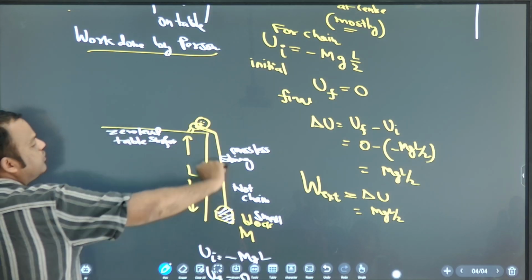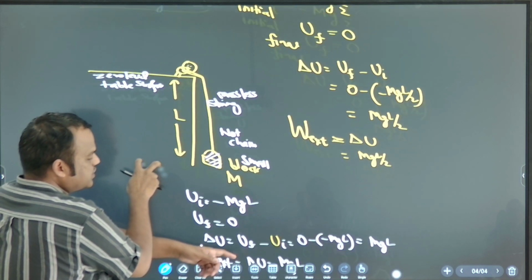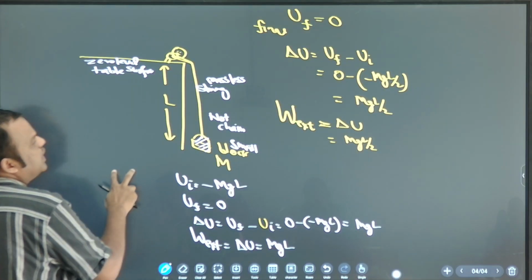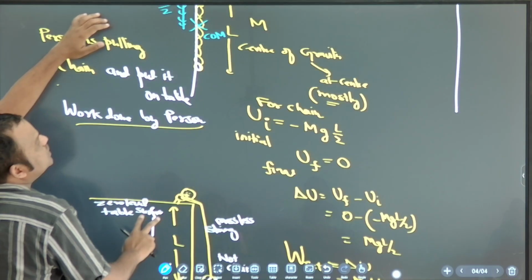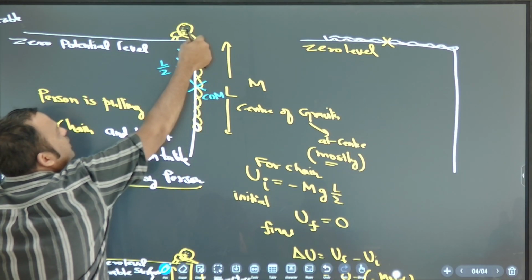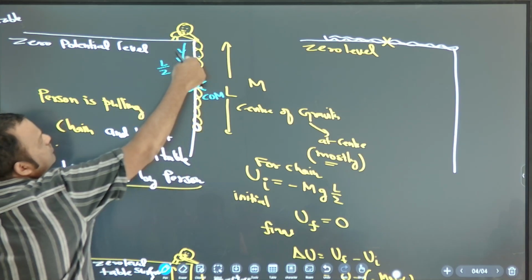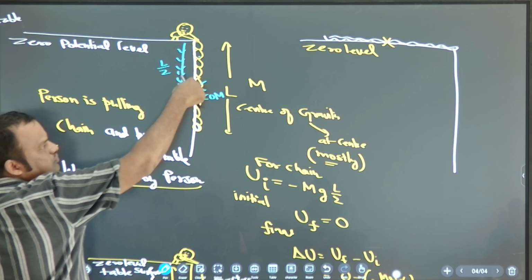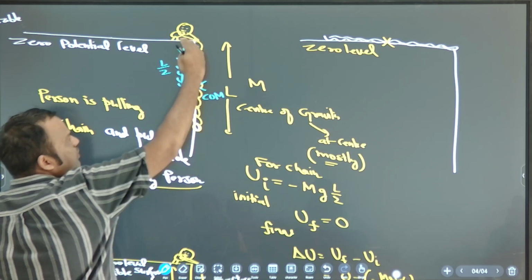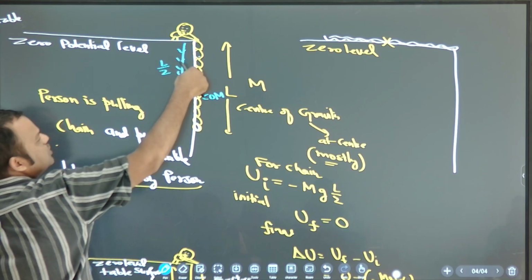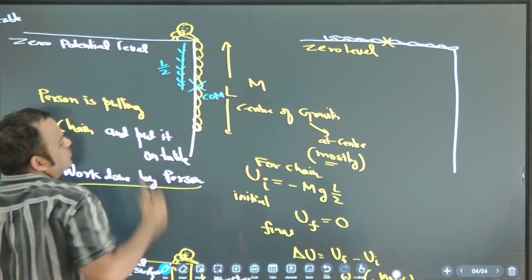Through L height you are raising it, so the external work done is MGL. Okay, clear? Now here with the chain, the chain is continuous, from here to here everywhere. So you have to take the center of mass, which is L by 2 below. Understood? Now you are taking the center of mass from here to here. Okay, clear?